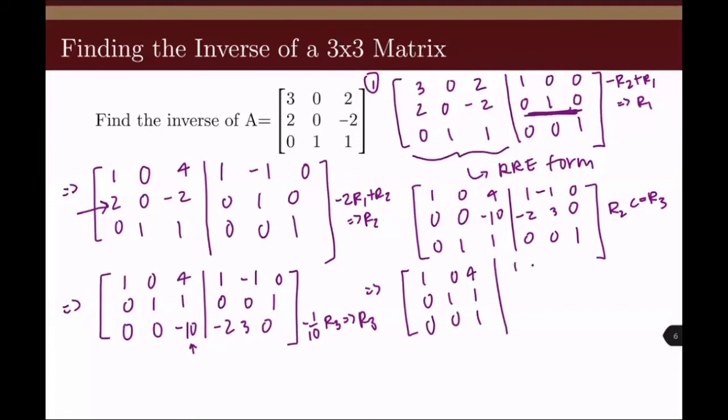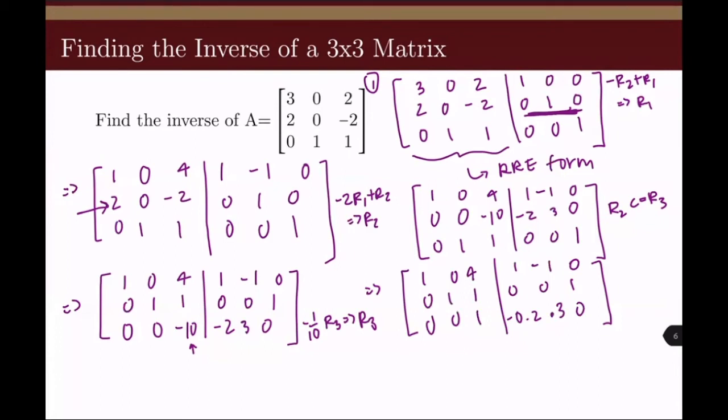And then on the right, 1, negative 1, 0, 0, 0, 1. And I'll have negative 2/10, 3/10, 0. It may be easier, just since we're adding and subtracting matrices, to write this as negative 0.2 and 0.3, just so we don't have to deal with fractions for the moment.